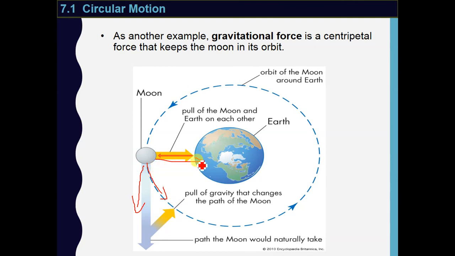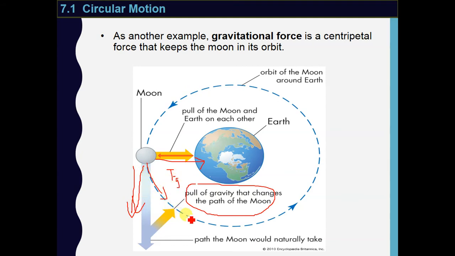Without this gravitational force, without this pull of gravity, the moon will go in a straight path and continue its path like this. But because at every point the earth is pulling the moon because of the gravitational force, because of Fg, the moon will not move like this.